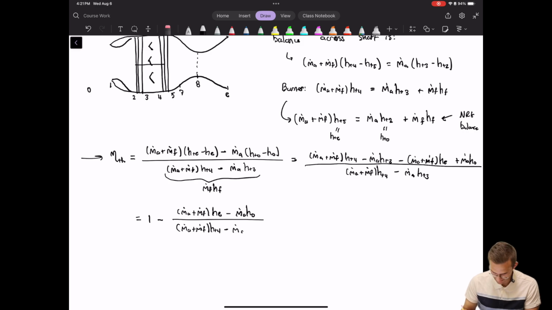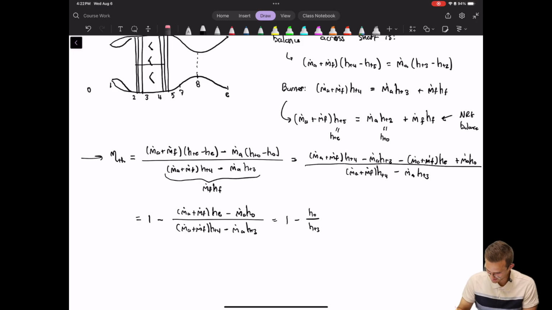over the same denominator, (m dot A plus m dot F) HT4 minus m dot A HT3. Okay, and then let's pull out some of the values here to non-dimensionalize. So then we get 1 minus H naught over HT3.